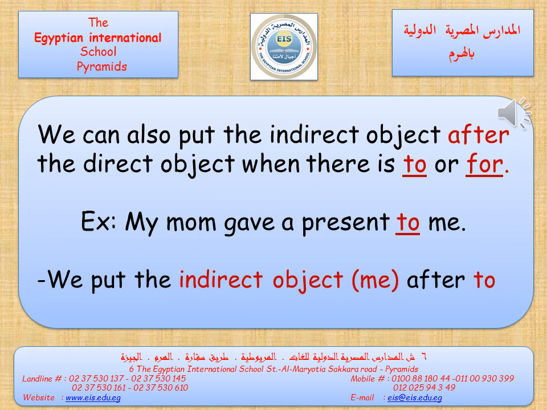As I told you, we can also put the indirect object after the direct object. When could we do this? When there is a "to" or "for." When there is "to" or "for," we could put the indirect object after the direct object.